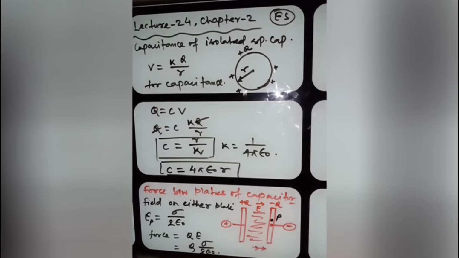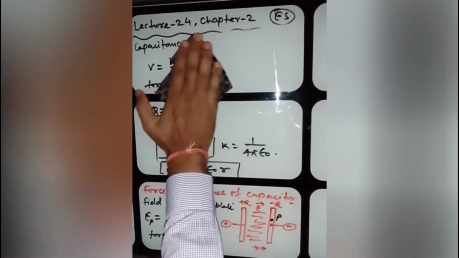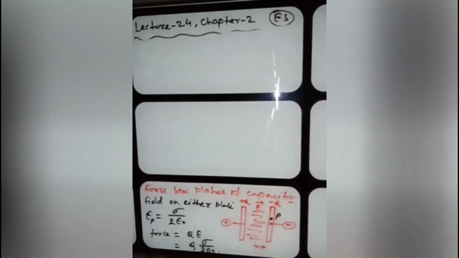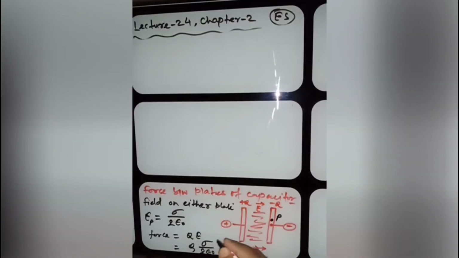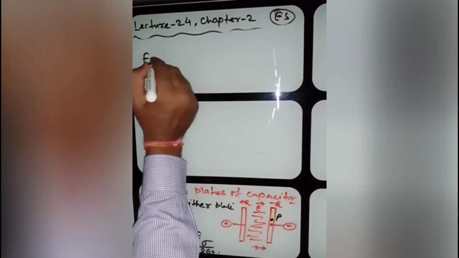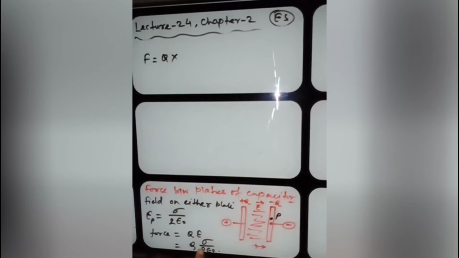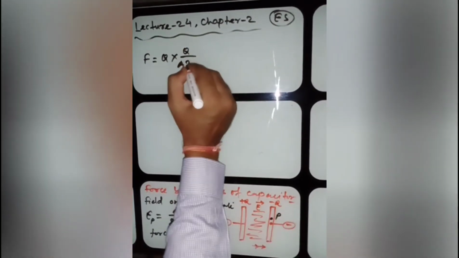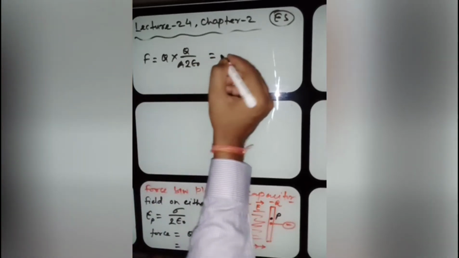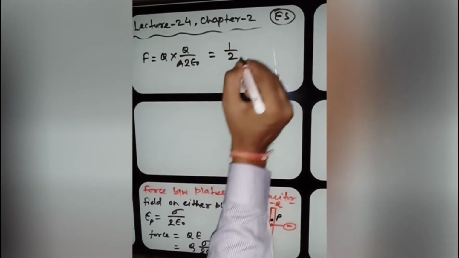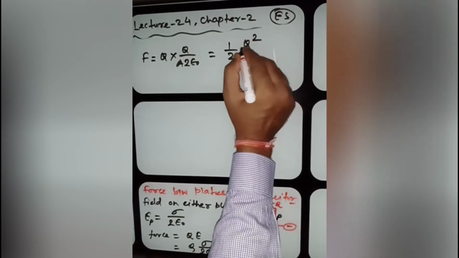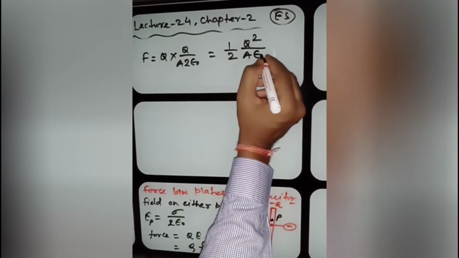Now we can simplify this. My dear students, force F is equal to Q times sigma, which can be written as Q by A, over 2 epsilon naught, or half Q square over A epsilon naught.